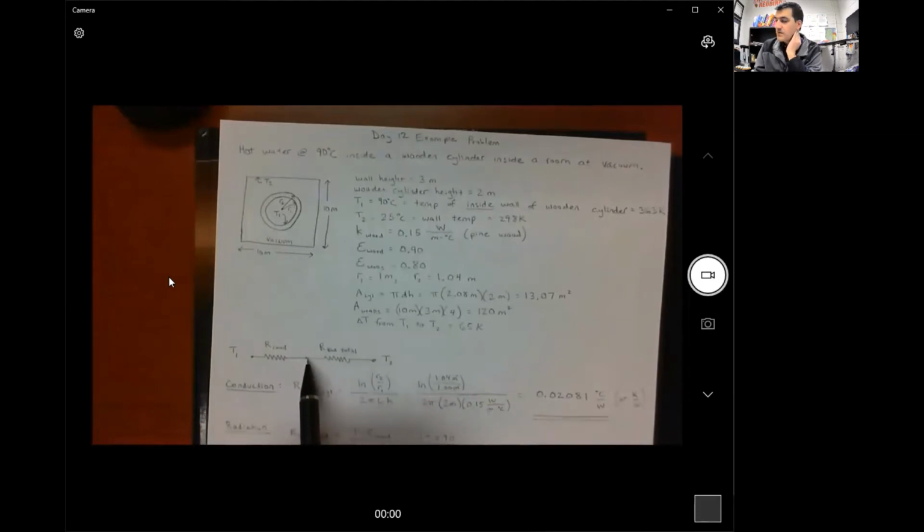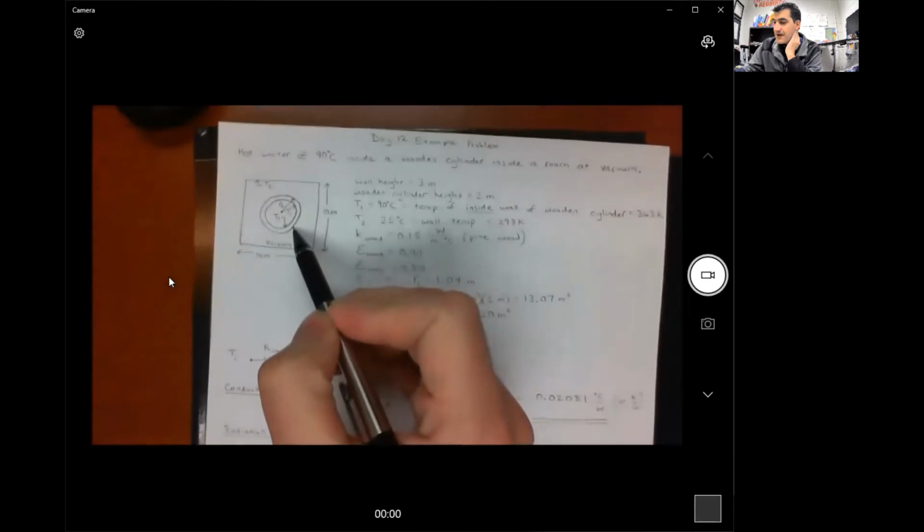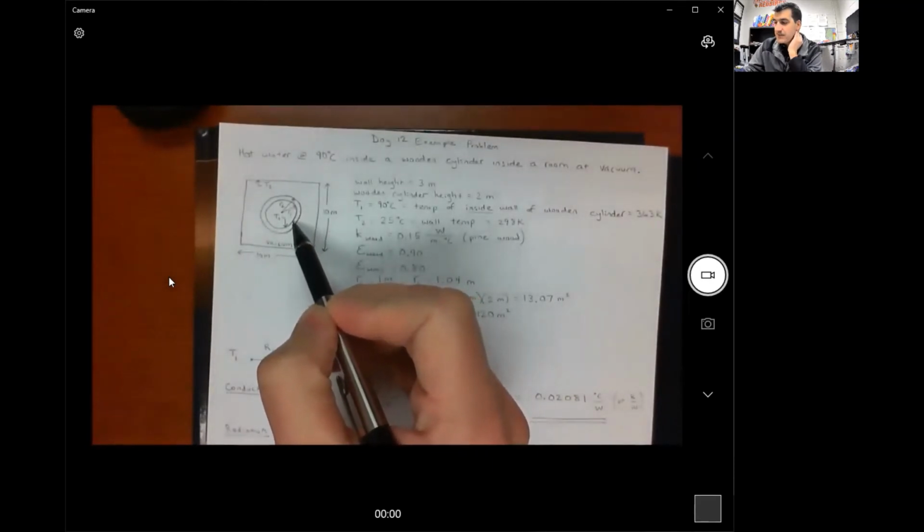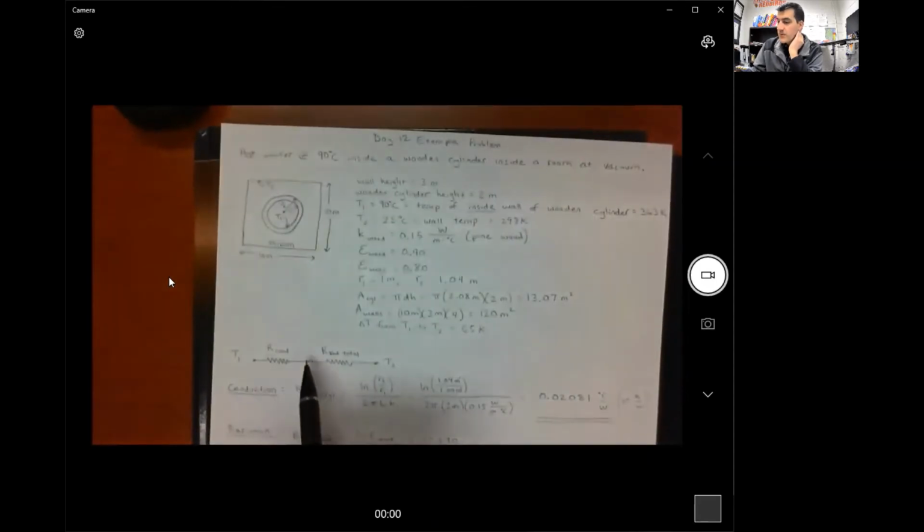In other words, we don't know the temperature at the outside wall of the barrel. We only know the temperature at the inside wall of the barrel. That's T1. But we don't know this temperature right here. So that's a problem because it's not going to allow us to directly calculate R rad total, the total radiation thermal resistance.